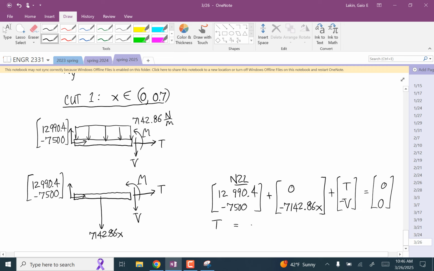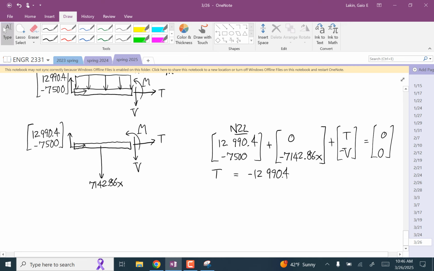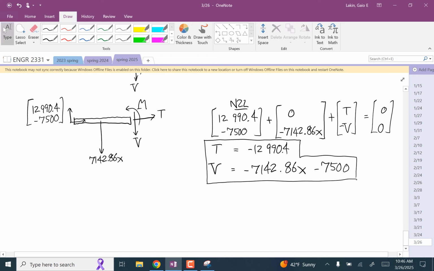So we have an internal tension of negative 12,990.4, so that's an internal compression. And then V is equal to negative 7142.86x minus 7,500. And the problem asks you to calculate M2. But remember, this won't come into the stress because we're doing it along the neutral axis.